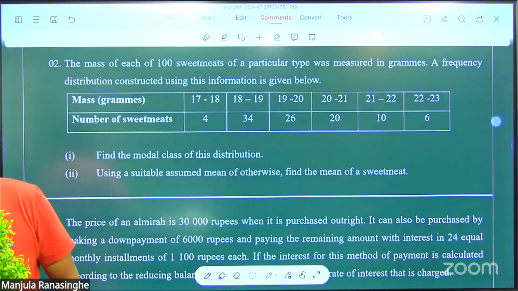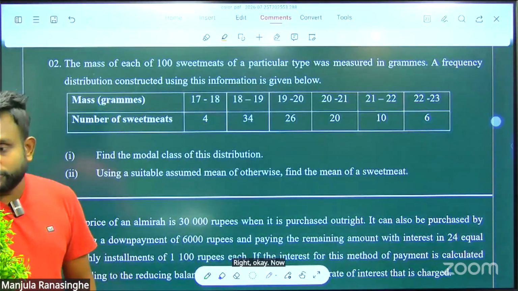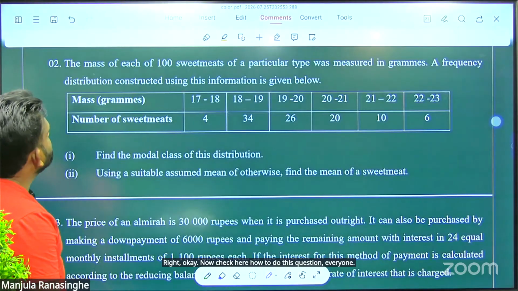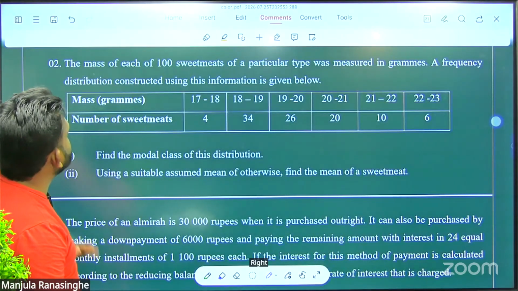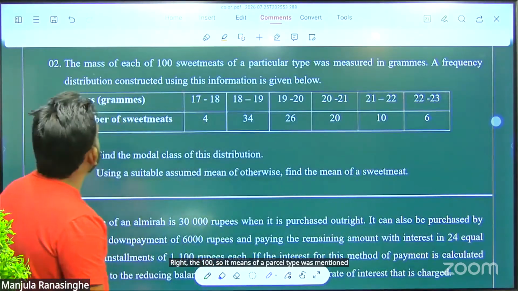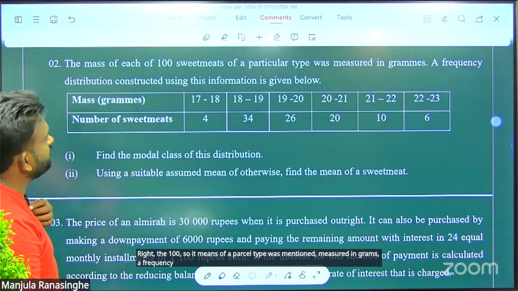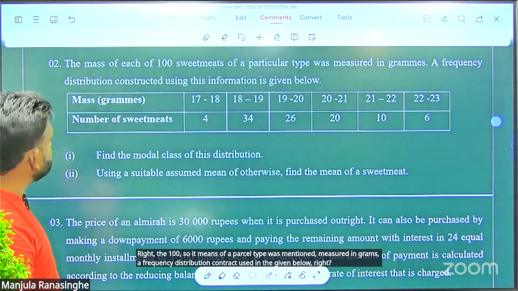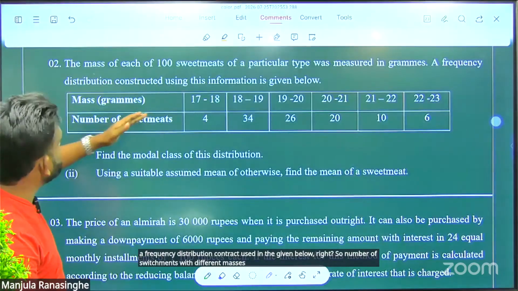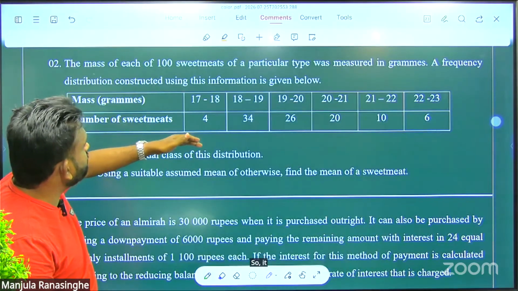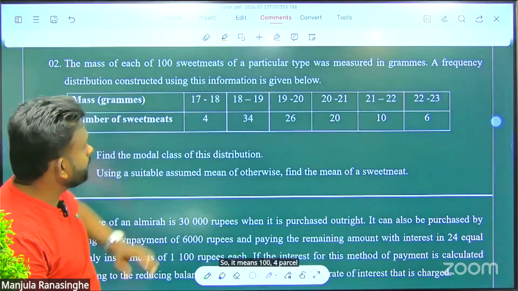Okay, now check here how to do this question, everyone. The 100 sweetmeats of a parcel type were measured in grams, and a frequency distribution was constructed using the table given below. The number of sweetmeats with different masses: 17 to 18 grams, how many parcels, so it means 4 parcels. Likewise the rest is given.